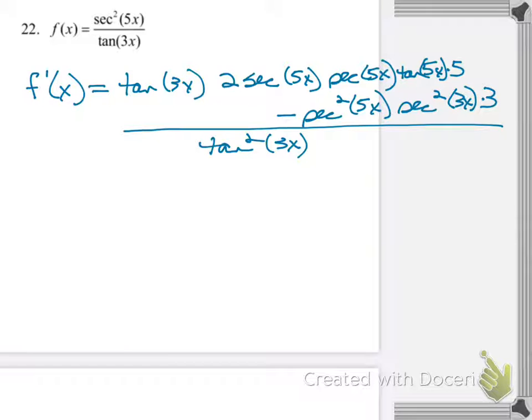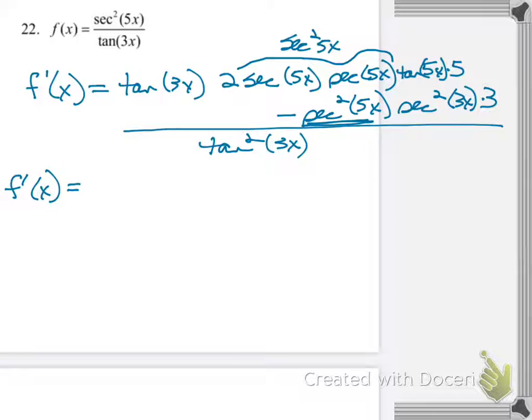Okay, so let's clean this up. F prime of x, looking at the whole continuum, I see that I have a secant squared 5x in common. Do you see how these together make secant squared 5x? And I already have a secant squared 5x right over here. So let's factor out any numbers in common.